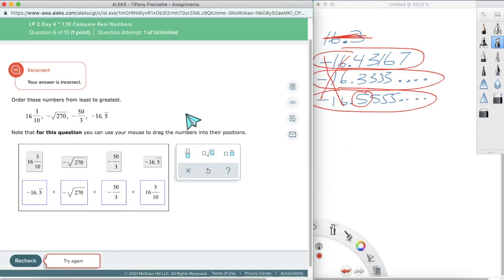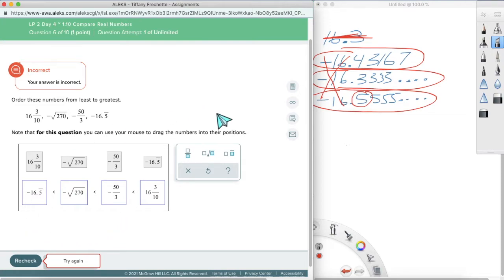So we definitely have this guy here. And then 16.5. Those should be in the right order.